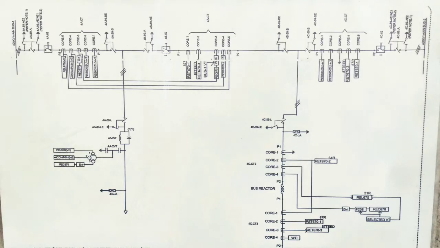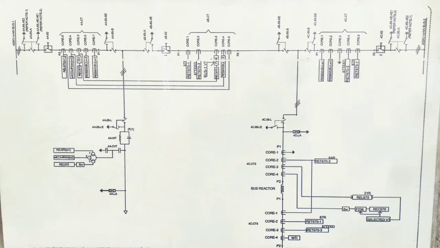Just for understanding, I'm saying that from the left side starts your line which is going to the outside. Before that line one CT will be placed. That CT consists of your bus bar protection, which is the bus 1 connected with the line, and also the distance relay will be placed, which carries the protection of your line.